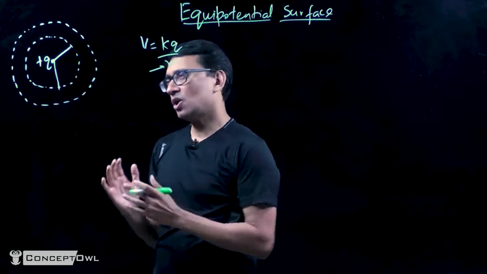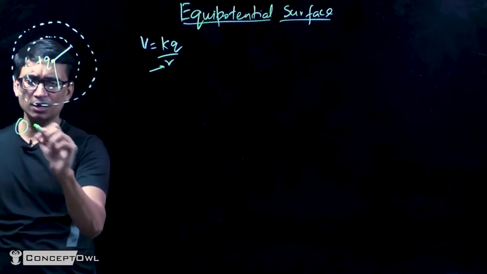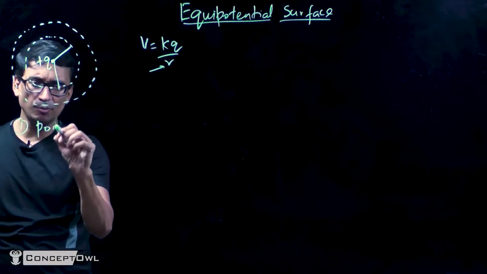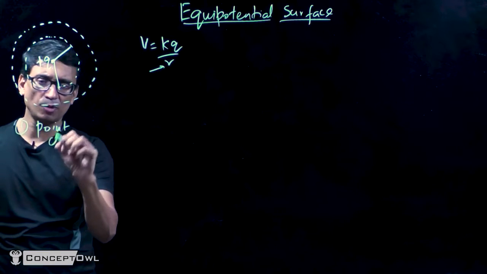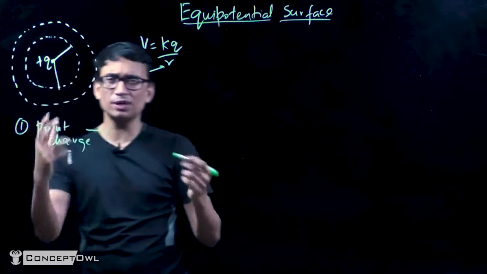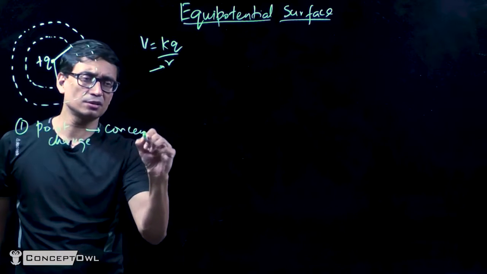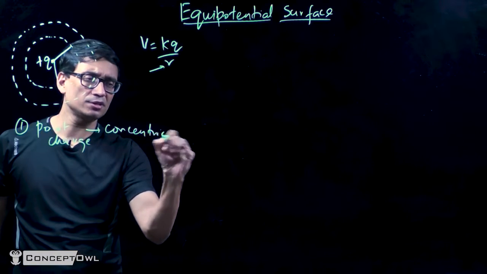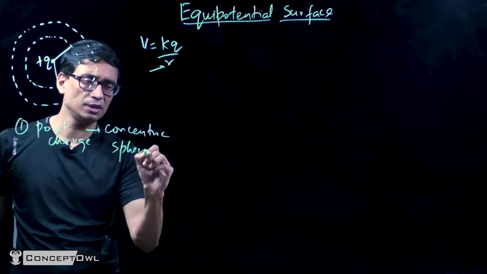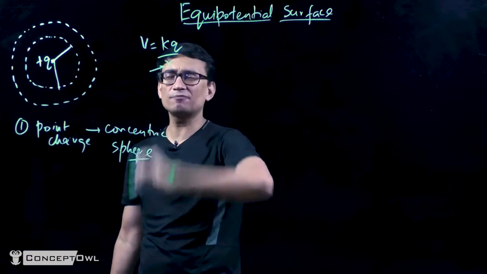So the first observation is that for a point charge, equipotential surfaces are concentric spheres centered on the charge, because for a sphere all the points would have the same value of R.